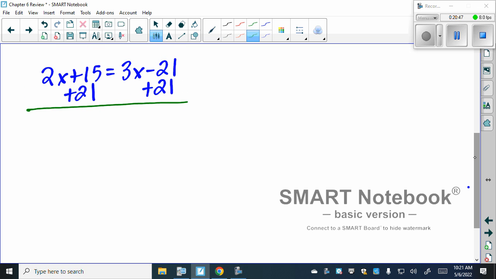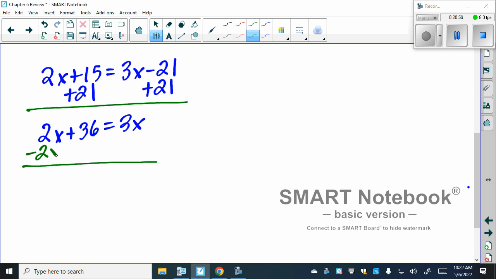And if we add 21 to both sides, we get that 2x plus 36 is equal to 3x. Then we have to subtract 2x from both sides, telling us x is equal to 36. And I feel like we got the same thing, yes? So we can go either way and get to the same answer.